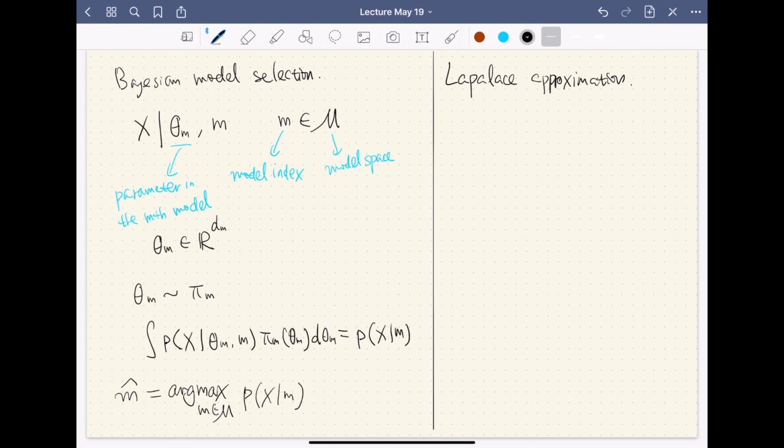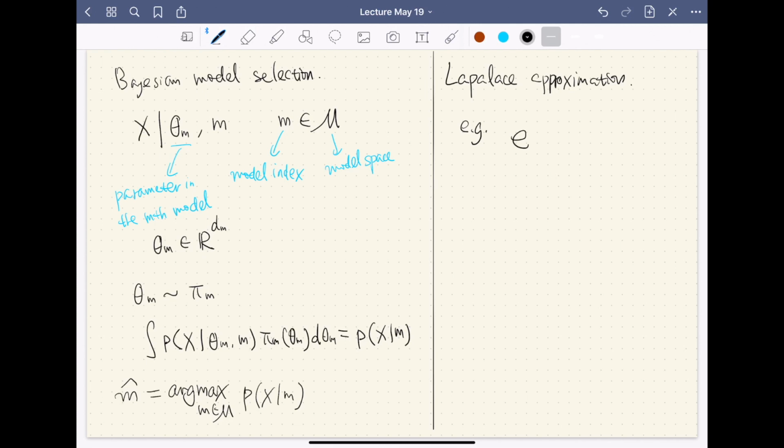And if you want to rigorously investigate the theoretical property of such a formula, you need to do it in a different way. So what is this Laplace approximation? Okay, so as an example, we can talk about how to compute the sum of exponential functions.